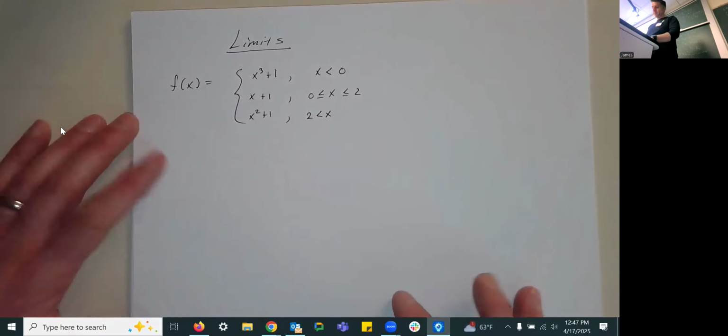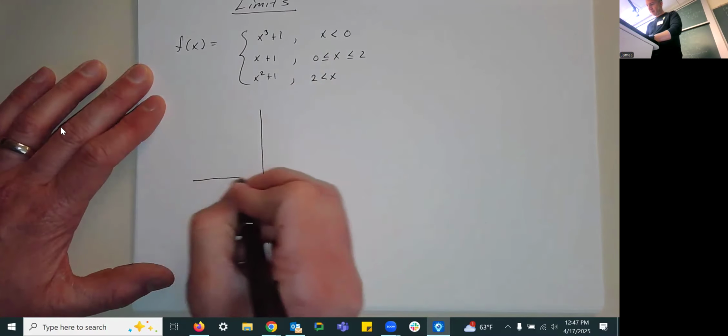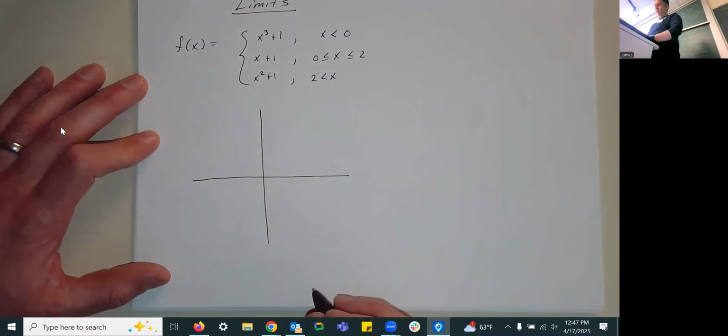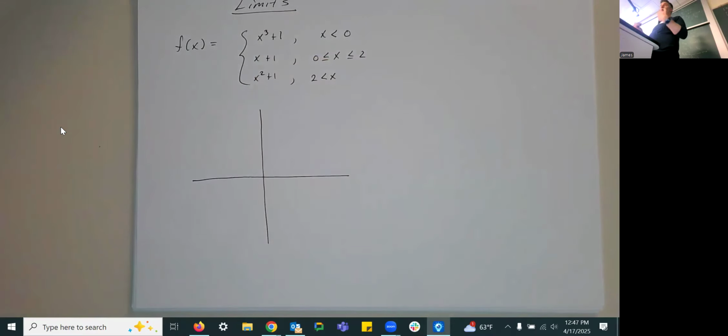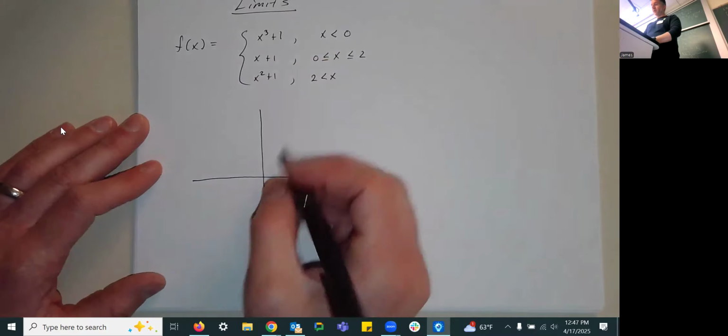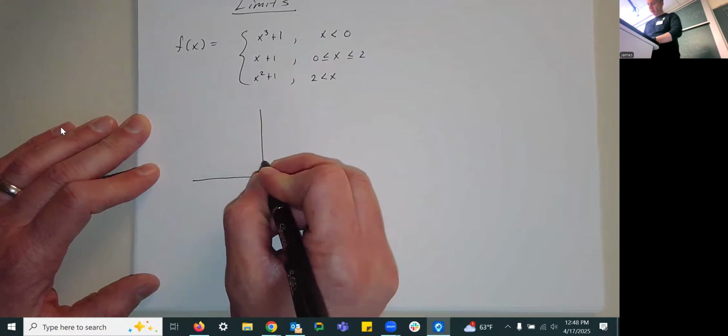So we're going to graph that. For the x cubed plus 1 part, that just looks like your usual cubic function, but shifted up by 1. If we could plug in 0, we'd get the point 0, 1, so we're not quite getting that point.